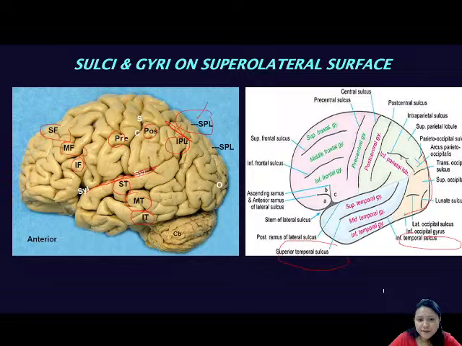You have a sulcus here that is known as the lunate sulcus. You have a superior occipital gyrus and an inferior occipital gyrus. So these are the sulci and gyri in the superolateral surfaces of the brain.